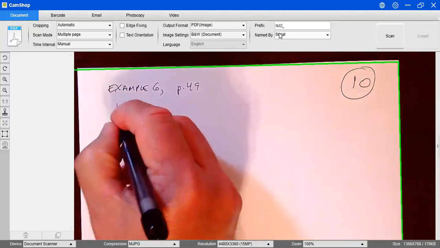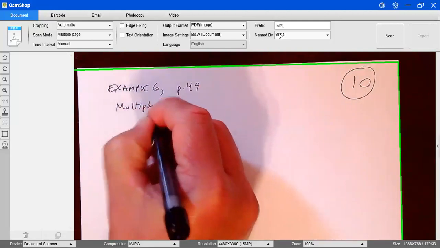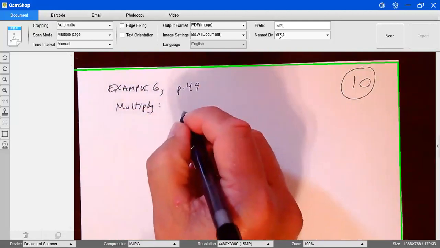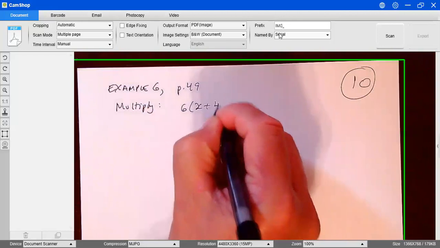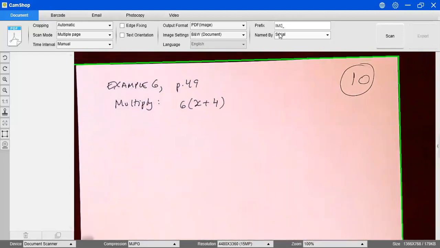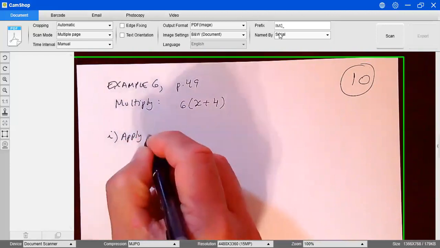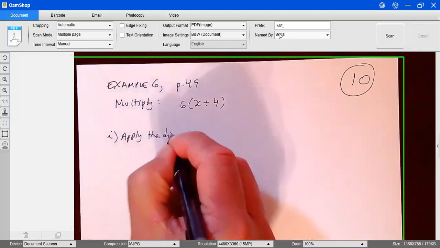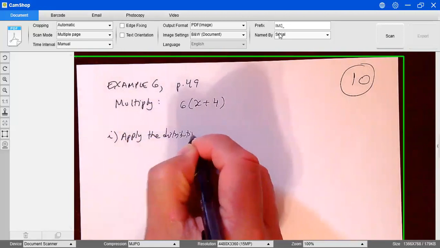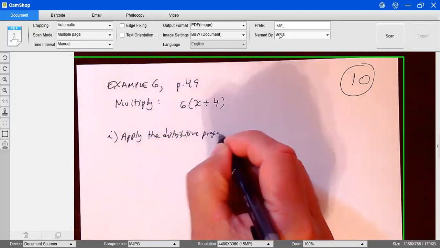So we're going to multiply 6 and x plus 4. We're going to apply the distributive property.